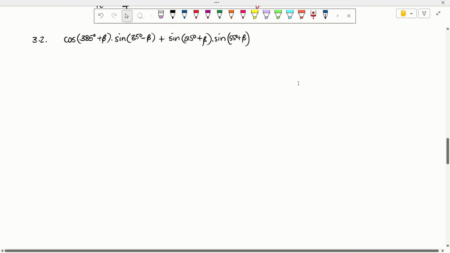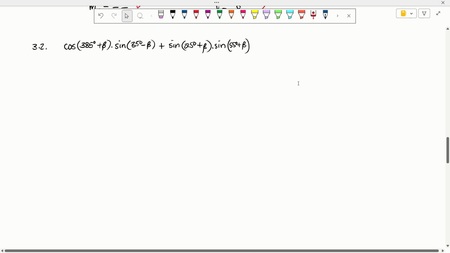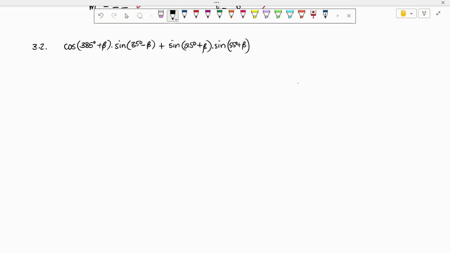So cos of (385 plus beta), already I can see that I need to use the reduction formula. And because 385 is bigger than 360, I can say this is cos of 360 plus something. I don't want to change anything within this bracket, so whatever I do here should be exactly the same as the initial bracket.